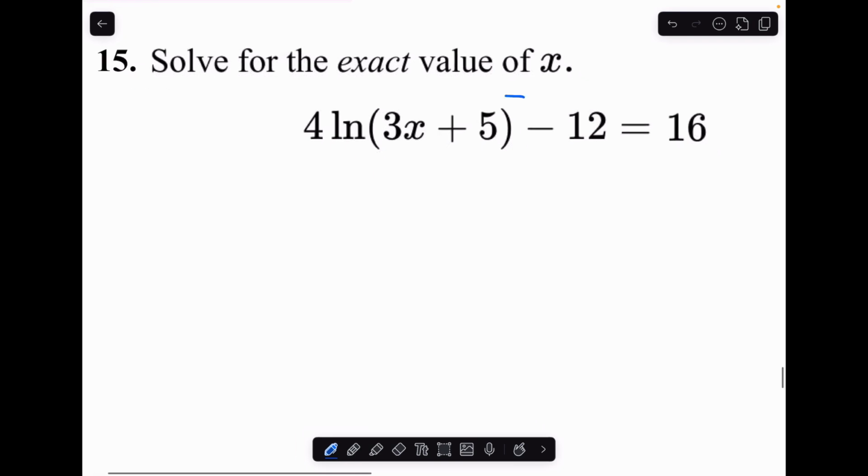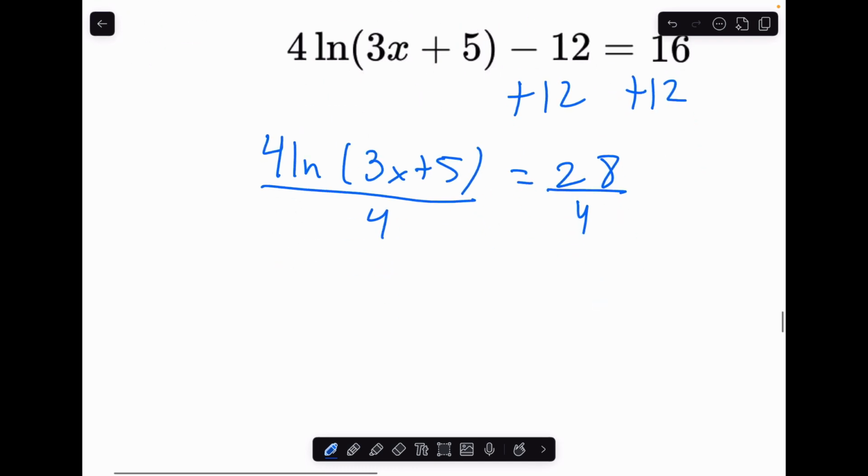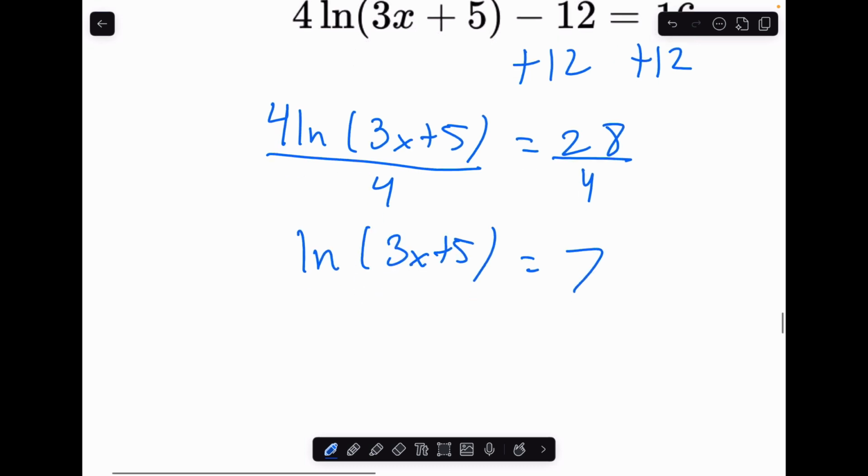So again, we want to isolate our log. So let's add 12 to both sides. We get 4 ln of 3x plus 5 equals 28. We're going to divide by 4. ln of 3x plus 5 equals 7. Now at this point, our log is by itself.